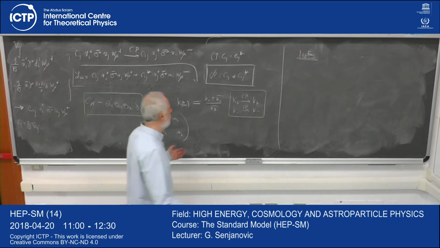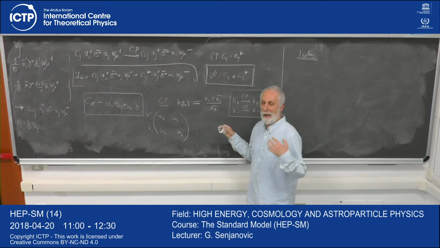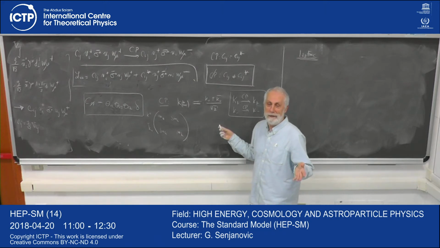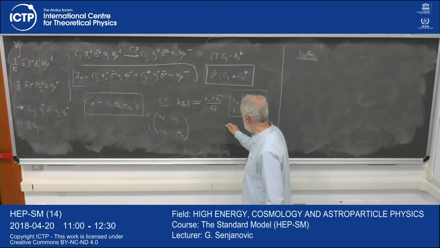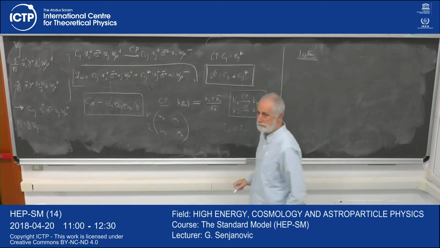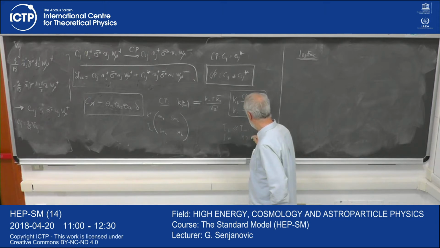It turns out in the experiment, how do I do the experiment? I produce kaons and wait. Just wait. Because tau plus is much smaller than tau minus, about 1 centimeter and about 100 centimeters.